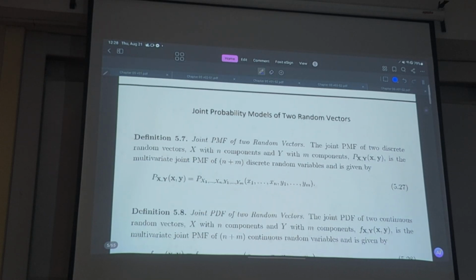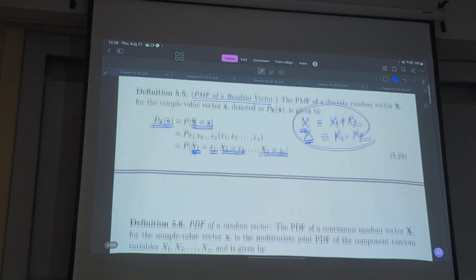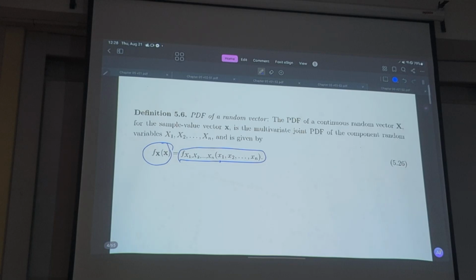Now, if you have two random vectors, we could have joint CDF or PDF. Which one? This one is the multivariate joint PDF.